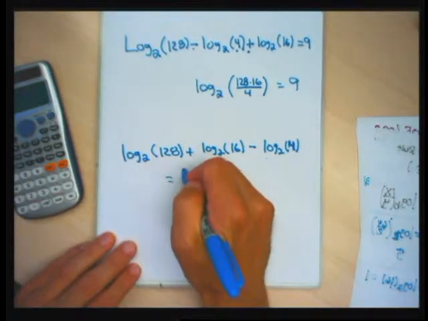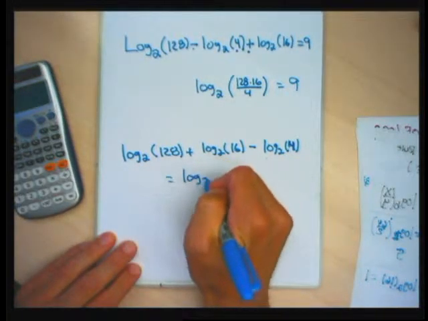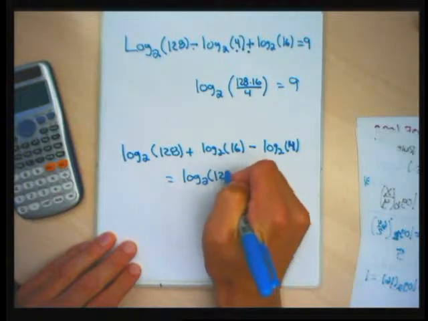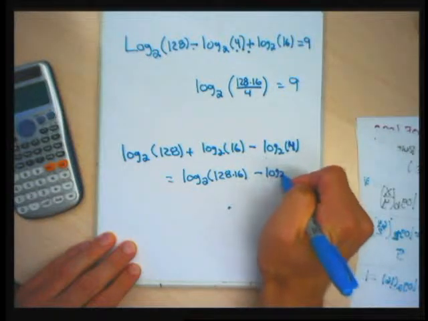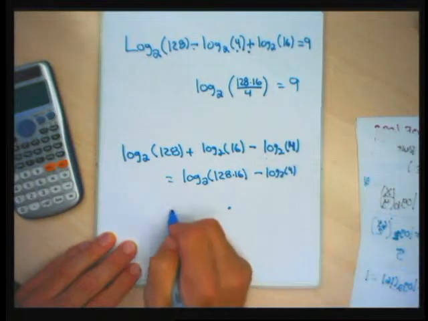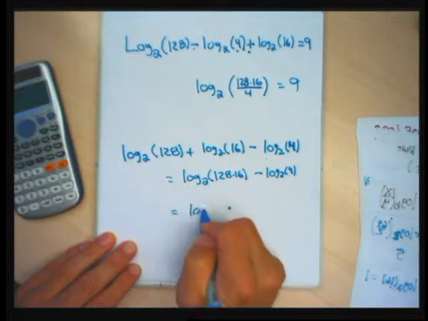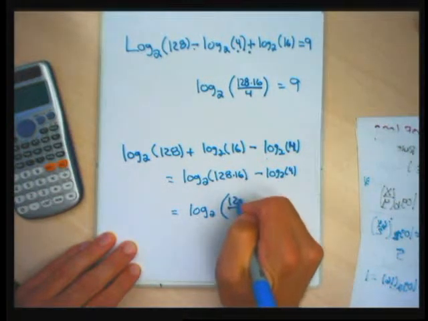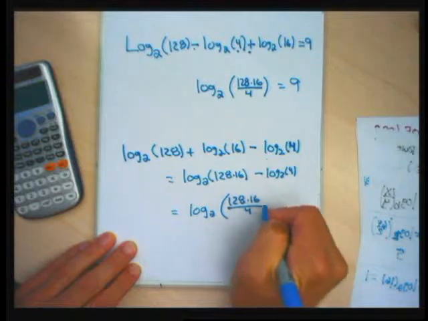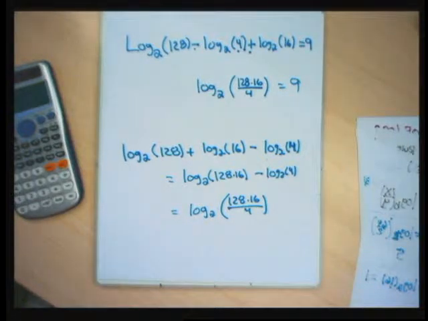I could have, in steps then, made this the log base 2 of 128 times 16 minus the logarithm base 2 of 4, and then used the minus to divide rule to make this the log base 2 of 128 times 16 over 4.